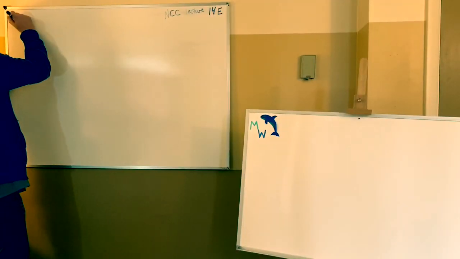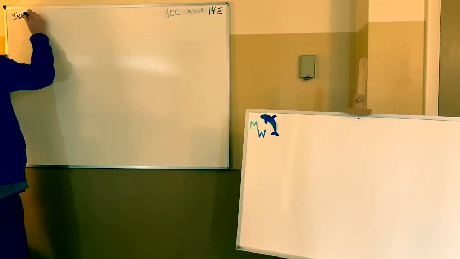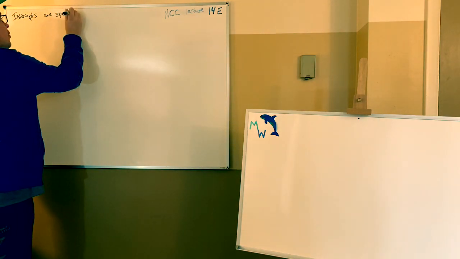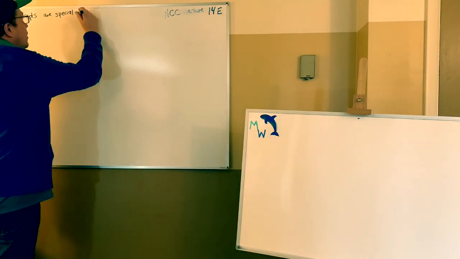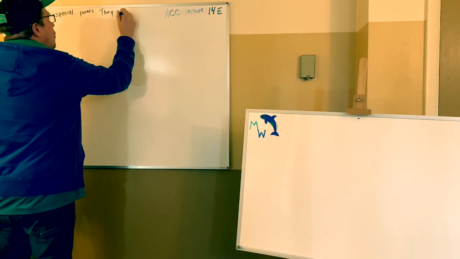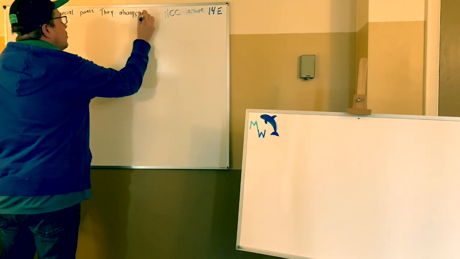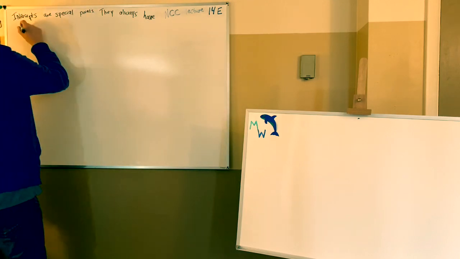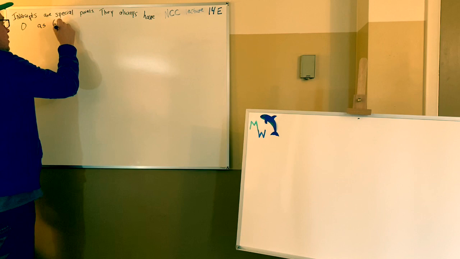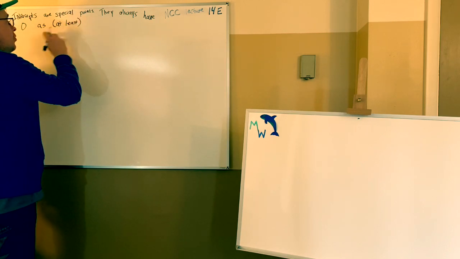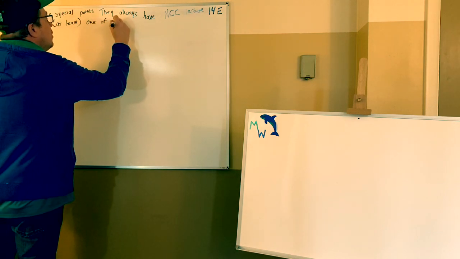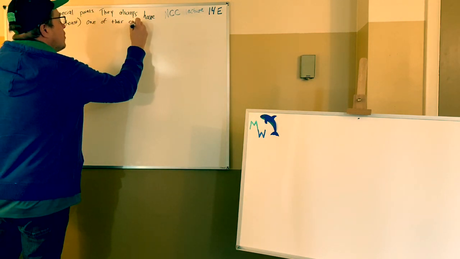But here's what we've got. Intercepts are special points. Very special, and also usually a little easier to work with. They always have 0 as, here's the important part, at least one of their coordinates.